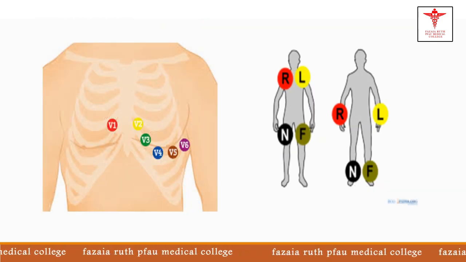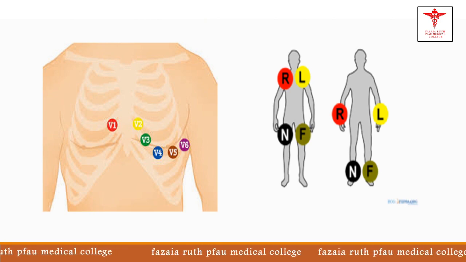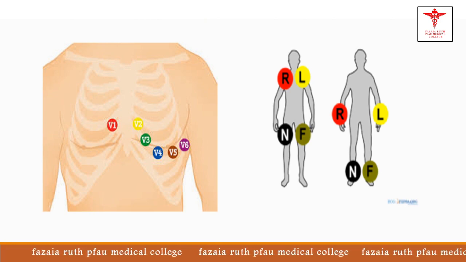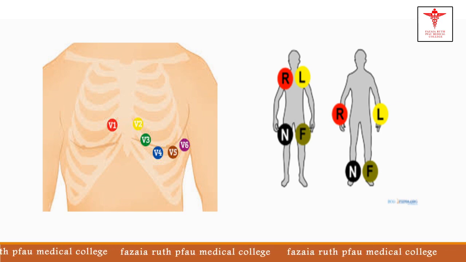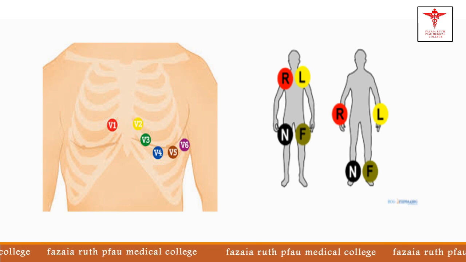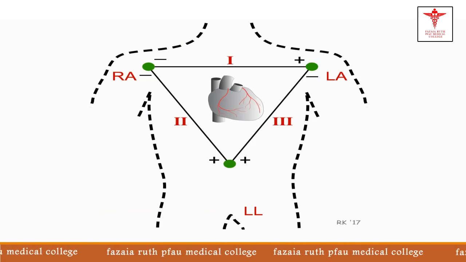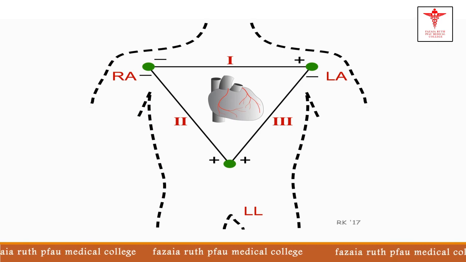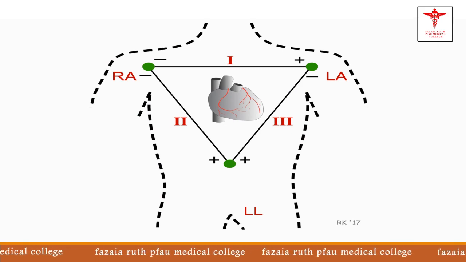Here is a pictorial representation of the placement of leads on the chest wall and on the limbs. I have already told all this in detail in my video. In this diagram, you can see lead 1, lead 2 and lead 3.